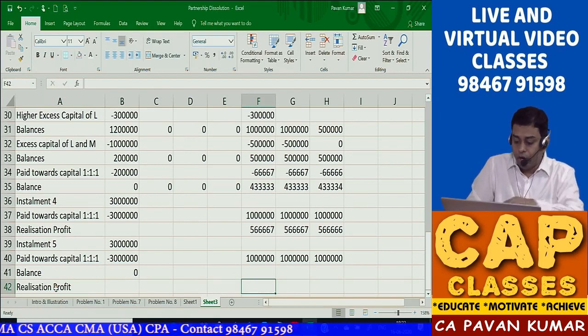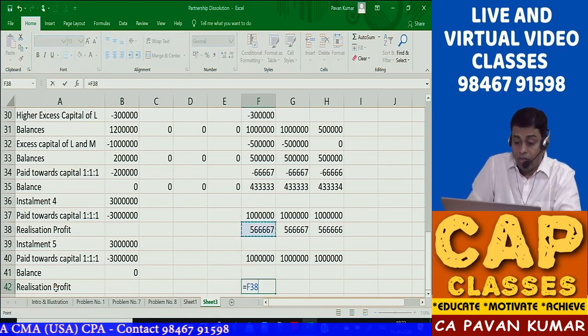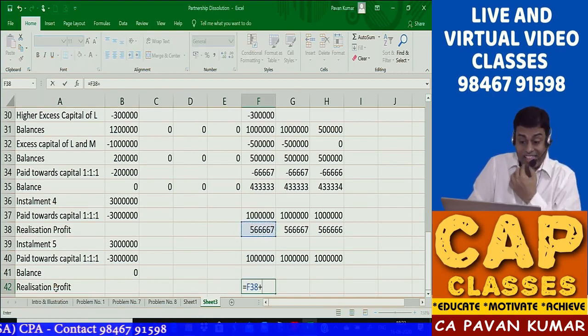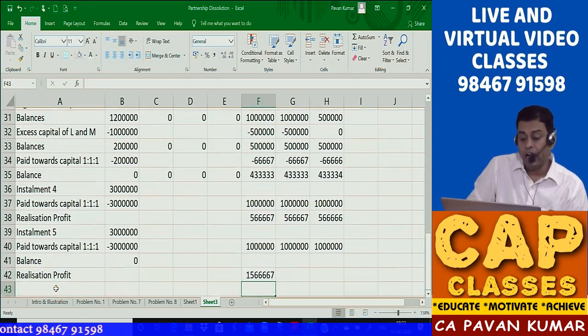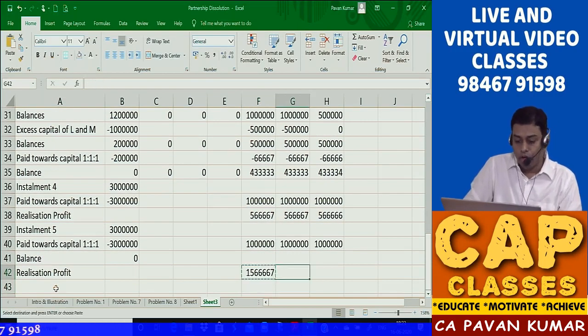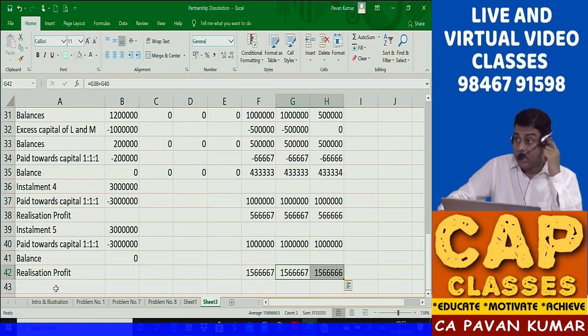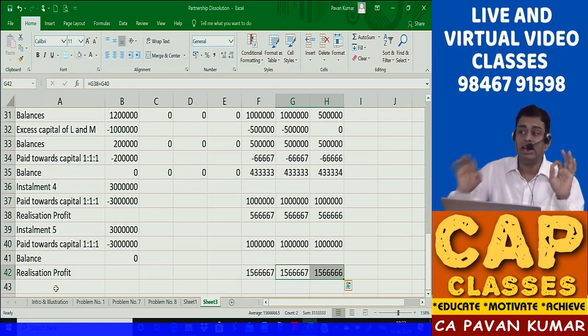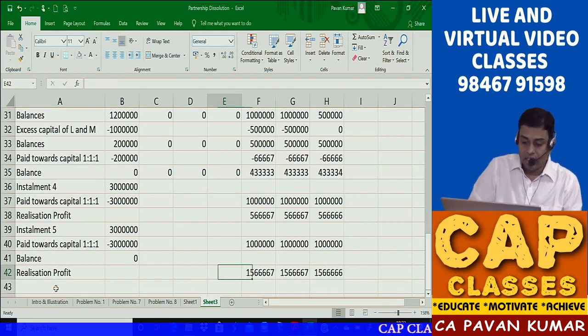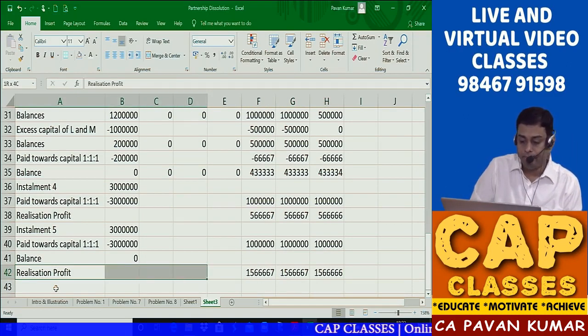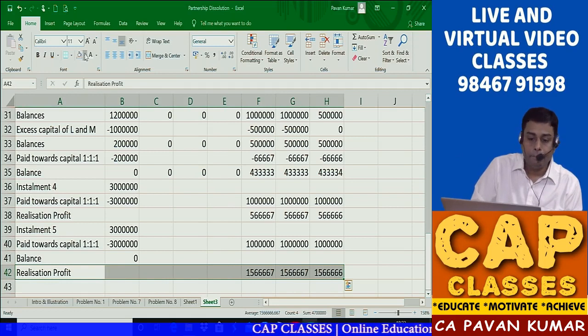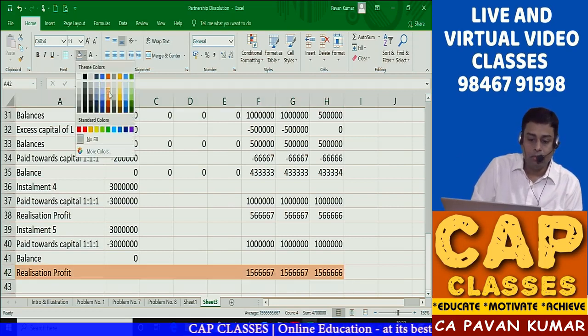What is the realization profit? You have already surplus 5,66,667 in your account, and you have got 10 more lakhs. Good news for you. So all the partners got 15 lakhs 66,667 rupees. This is the problem.